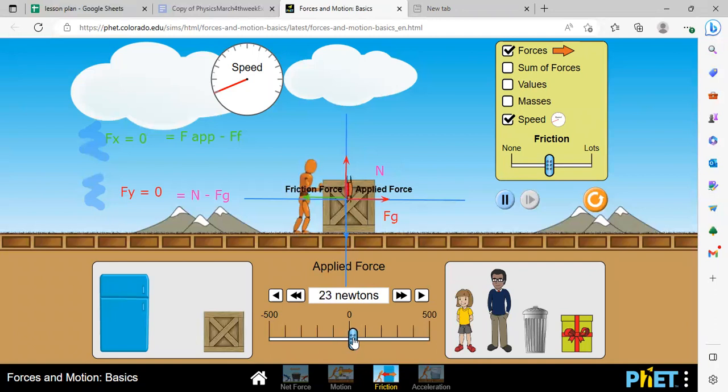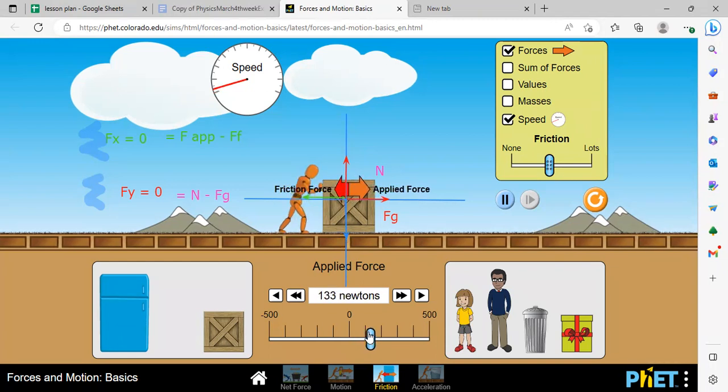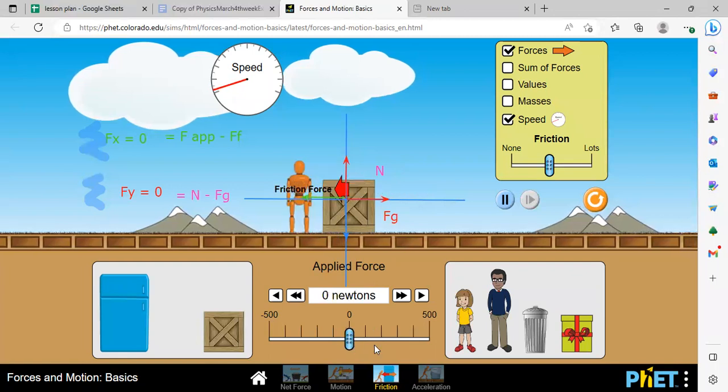So, yung enough force para gumalaw siya, sa experiment natin, nasa bandang 100.